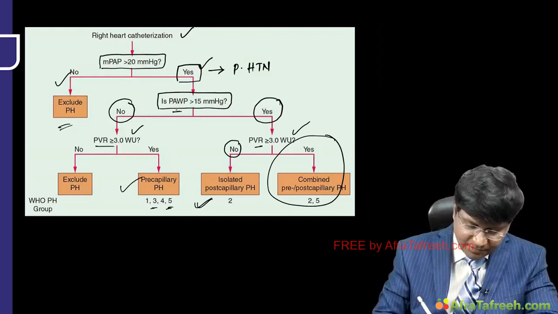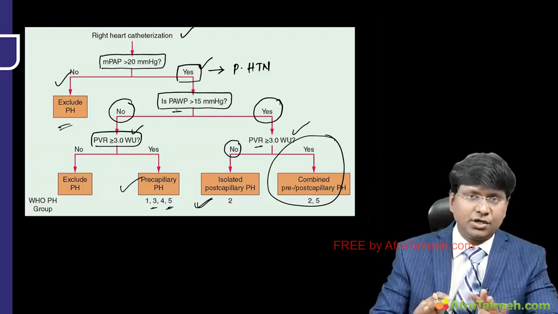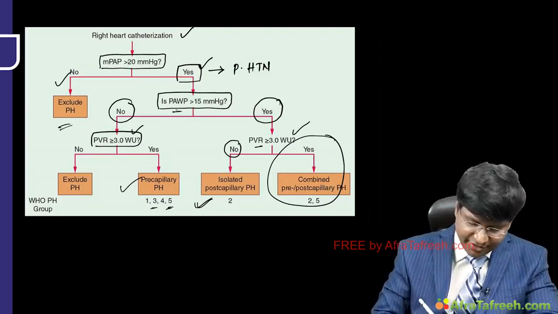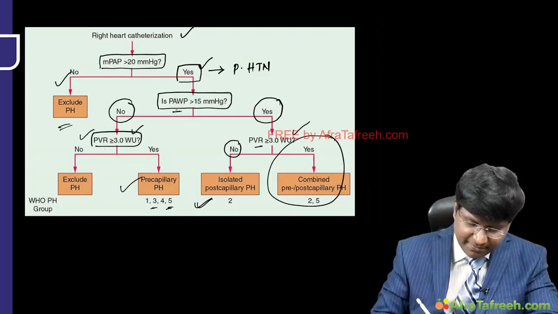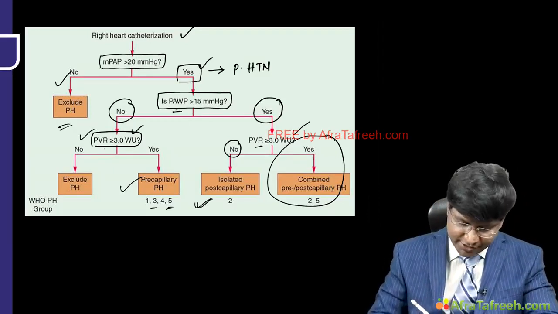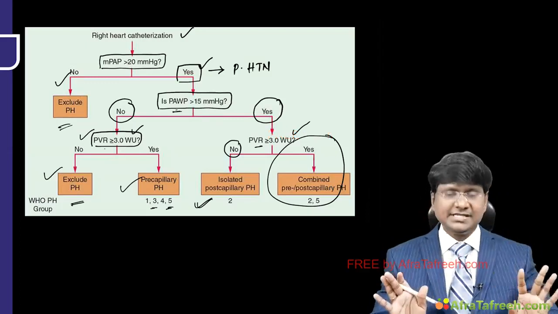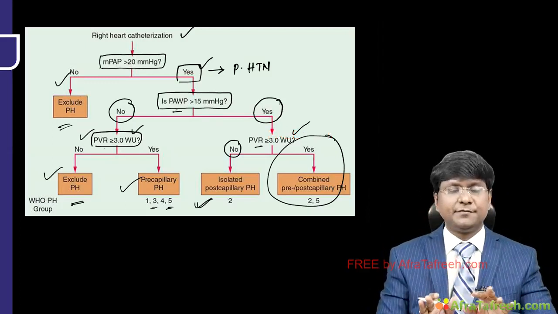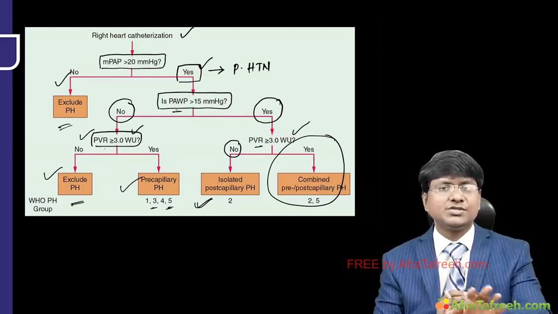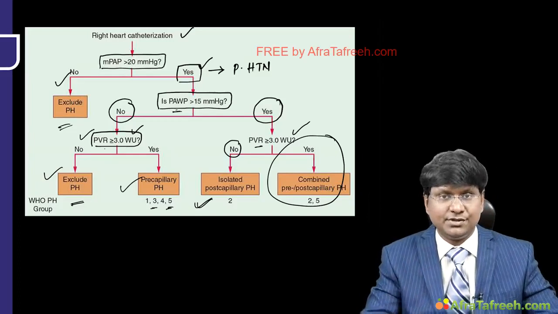And if suppose, right, pulmonary artery wedge pressure is not more than 15 millimeters of mercury, and at the same time pulmonary vascular resistance is also not more than or equal to 3 Wood units, then you need to exclude pulmonary hypertension. Okay, so this is how you need to work up for the etiologies causing pulmonary hypertension based on the right heart catheterization.